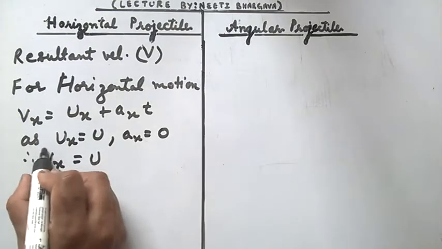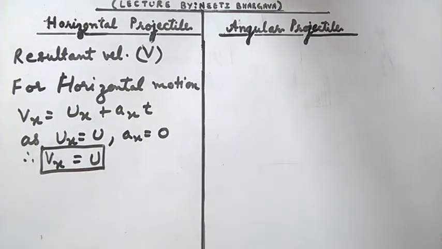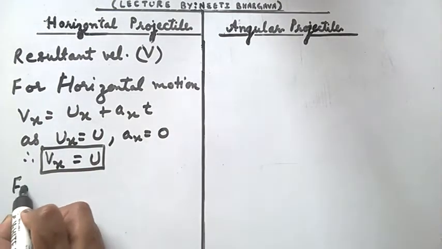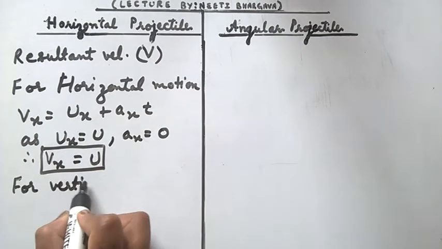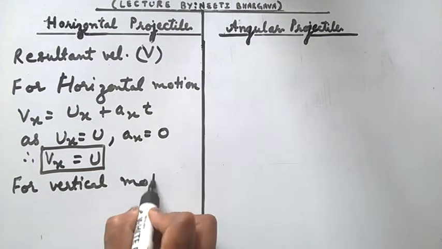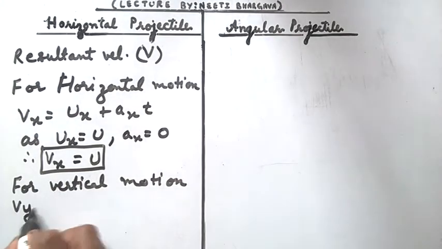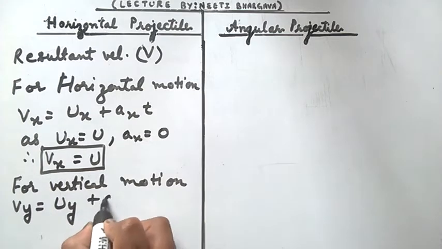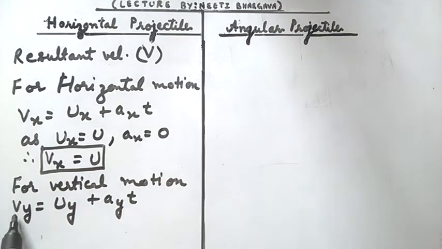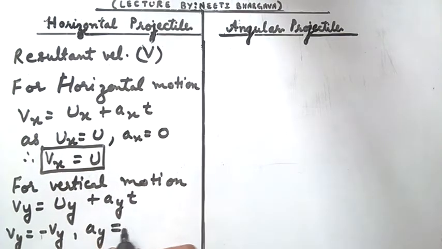Similarly, for vertical motion, by equation of motion, Vy is equivalent to Uy plus Ay t. Final velocity along y direction is negative. Therefore, it is minus Vy. Ay is also negative, minus g, and Uy is equal to 0.